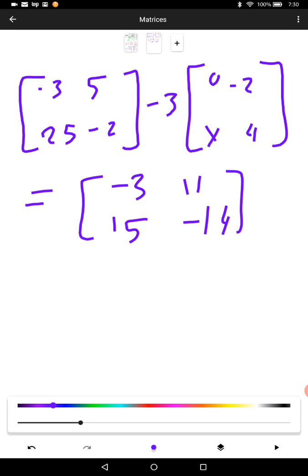Here what he asked for is the value of x, solve for x.